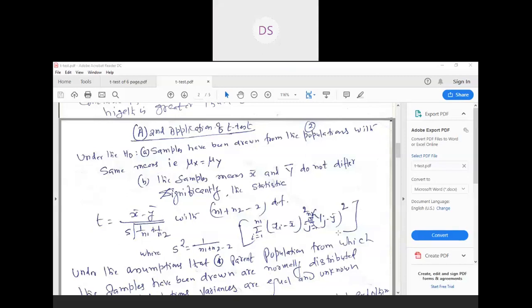We have already discussed what the applications of the t-test are. Again, I would like to clarify. The first application is to test if the sample mean differs significantly from the hypothetical value of the population mean.